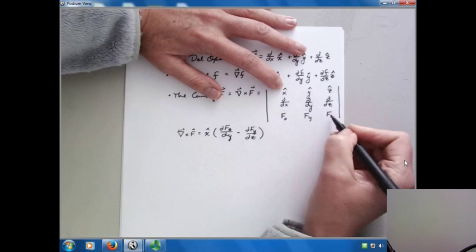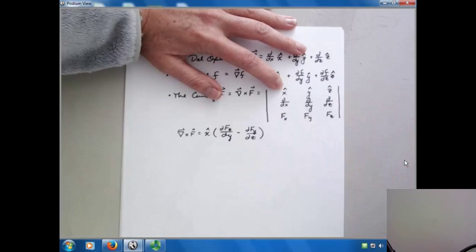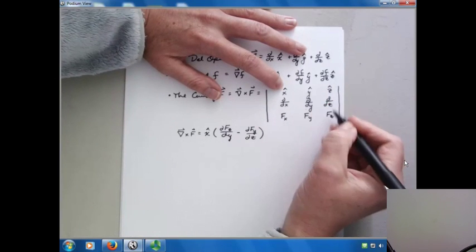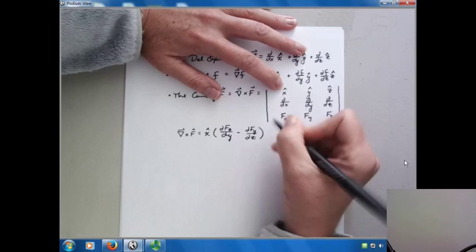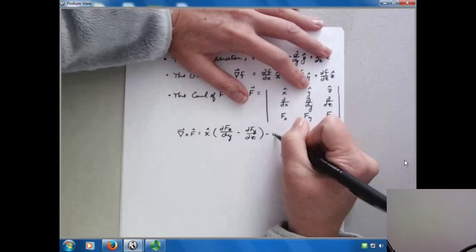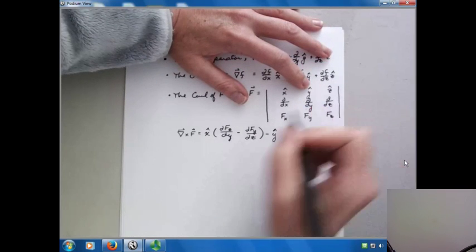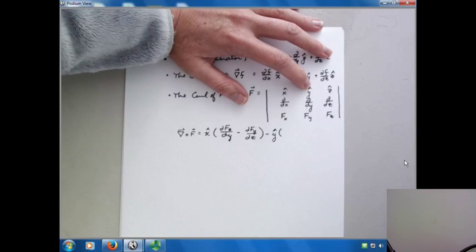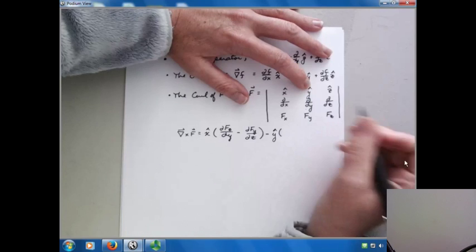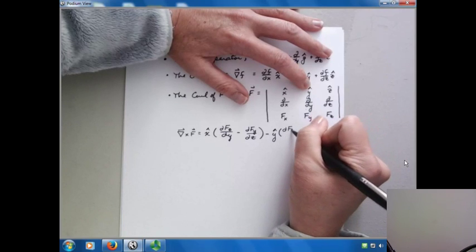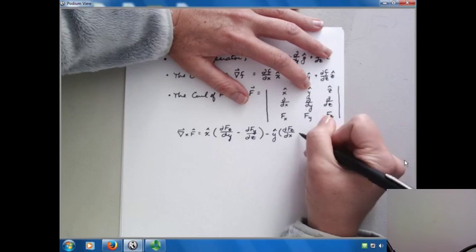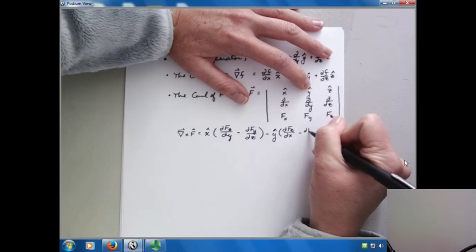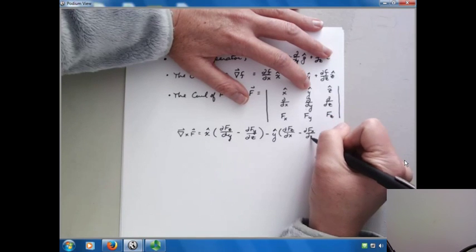I'm just taking that 2 by 2, this guy minus that guy. Minus the y hat, which is the next element over from x hat, times the 2 by 2 determinant that's left over if I remove its row and column. So that's dfz/dx minus dfx/dz.